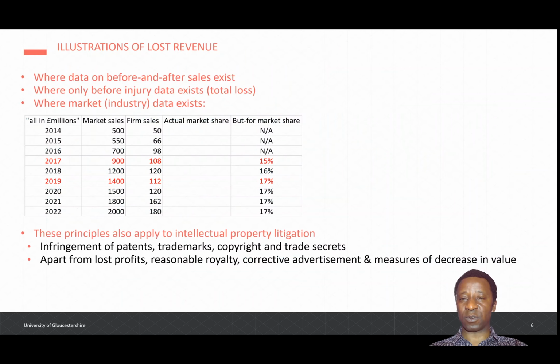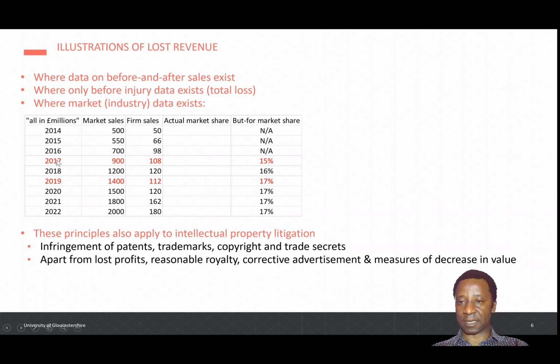Okay, so I've given you a quick illustration here. So let's look at historic data. So we have some data on a firm. Let's assume, for example, that there's an event that happened in 2017. Let's say that's a non-performance or a breach of contract that happened in 2017.